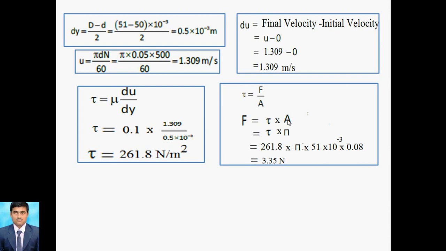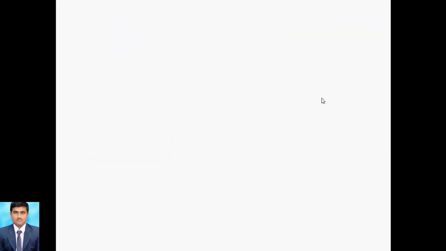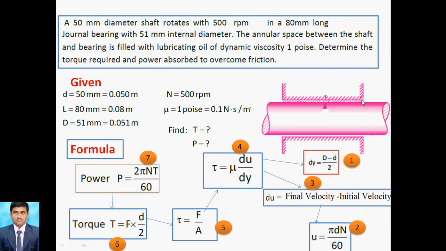That is the overall area, that is pi dl, because the whole film thickness is in contact with the whole part. So whole is in contact, so instead of the diameter we take pi dl. Pi d means perimeter and l is length. Likewise we can take this.